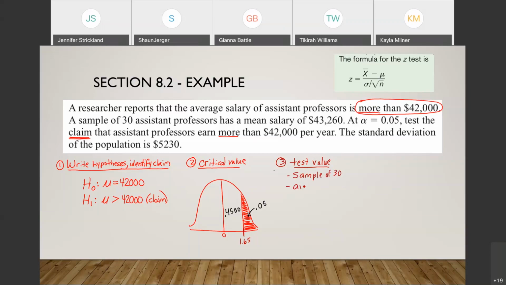So the average for those people is $43,260. That's the research that was done to either say, yeah, we agree with the claim, or no, we don't.